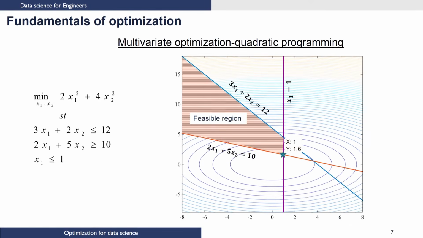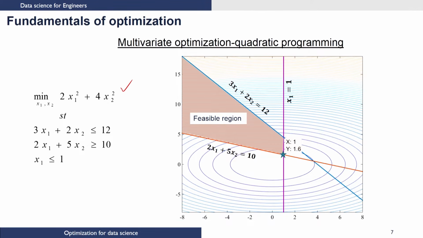Nonetheless, I just want you to understand how this solution works out in an analytical case. Let us take a look at a numerical example to bring together all the ideas that we have described till now. In this particular case, it is a multivariate optimization problem called quadratic programming, because the objective function is quadratic and the constraints are linear. Those types of problems are called quadratic programming problems.